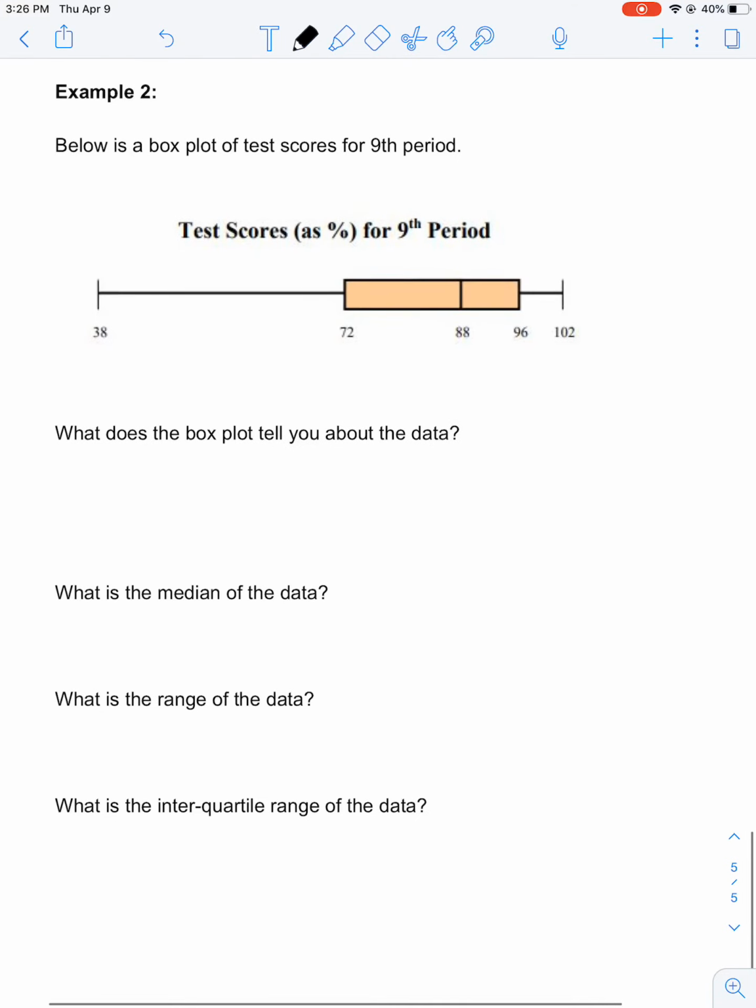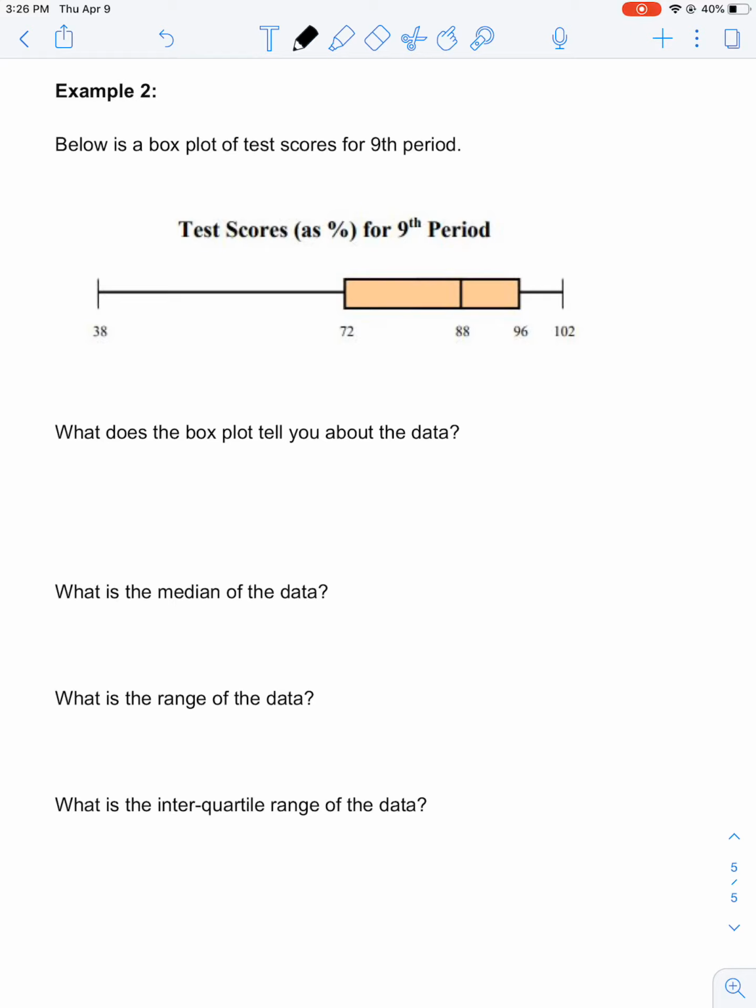So for example 2, here it says below is a box plot of test scores for 9th period. Okay. And it says, what does this box plot tell you?